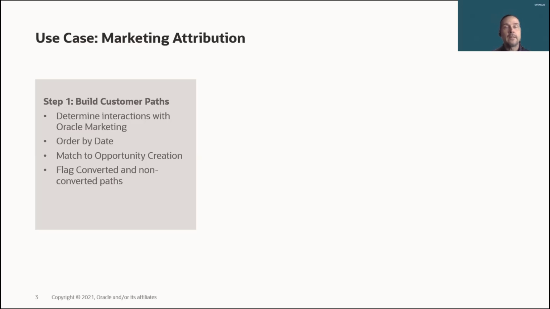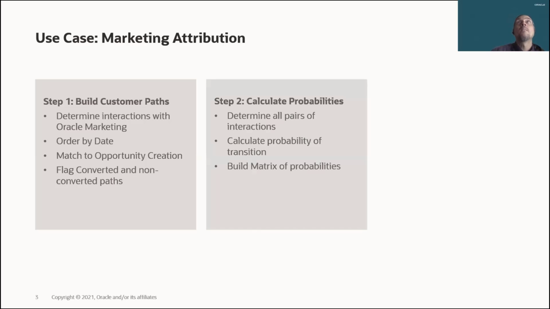We need to know either an opportunity was or was not created, and what those touches look like with our campaigns, with our marketeers. And so we have to build out what that looks like. It really has to be an ordered path that goes campaign to campaign to campaign that ends with either a conversion or a not conversion. And that is the focus for today, how we did that.